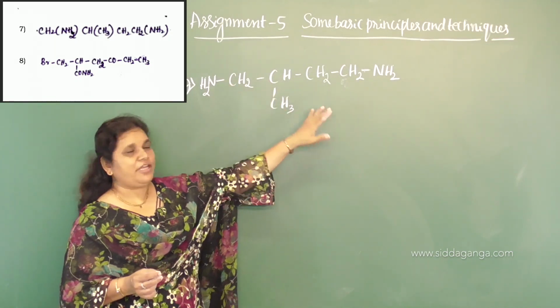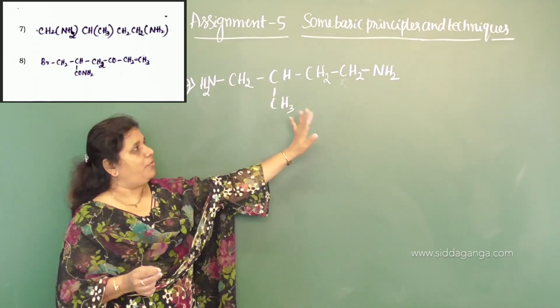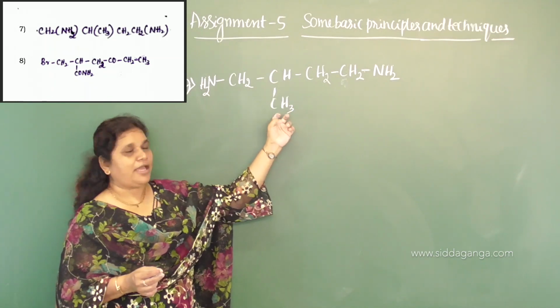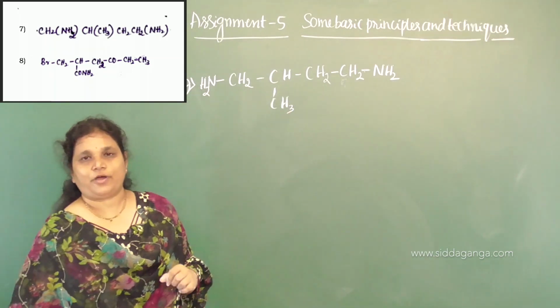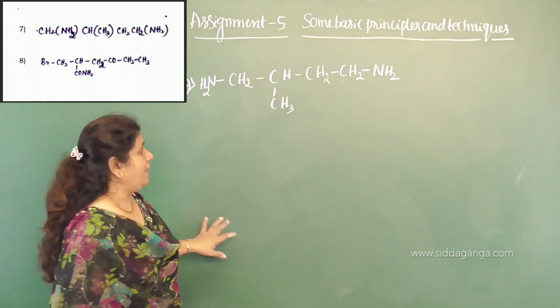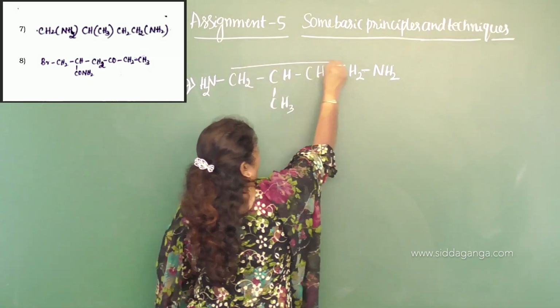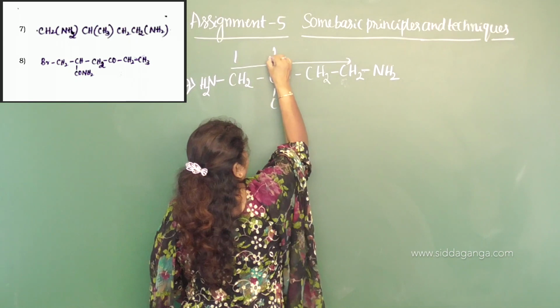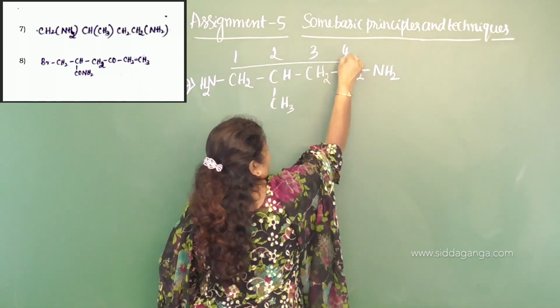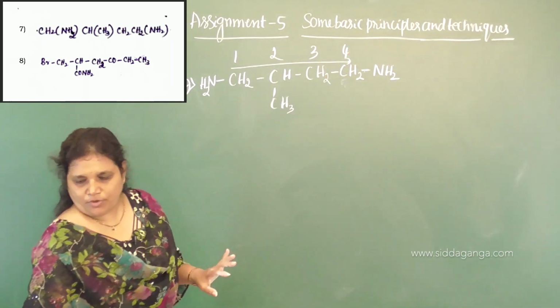So, the position of the NH2 group remains the same from both sides, but a methyl group is also there. We need to follow the lowest sum rule. Therefore, you select this chain and give the number from this end. Okay. Now, what do you get?